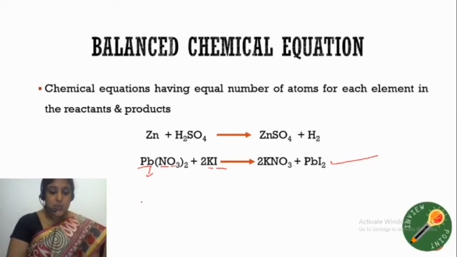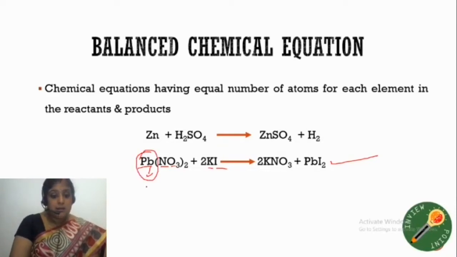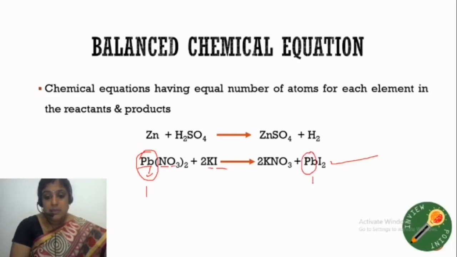Let's take the first element, lead. How many lead atoms are there in the reactant side? See, it is Pb(NO3)2. So there is only one lead atom, Pb, in the reactant side, and here also it is PbI2. So there is only one atom in the product side.